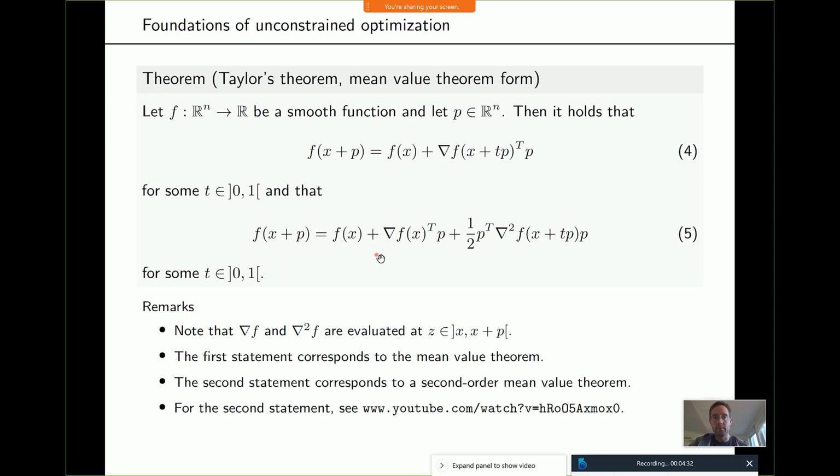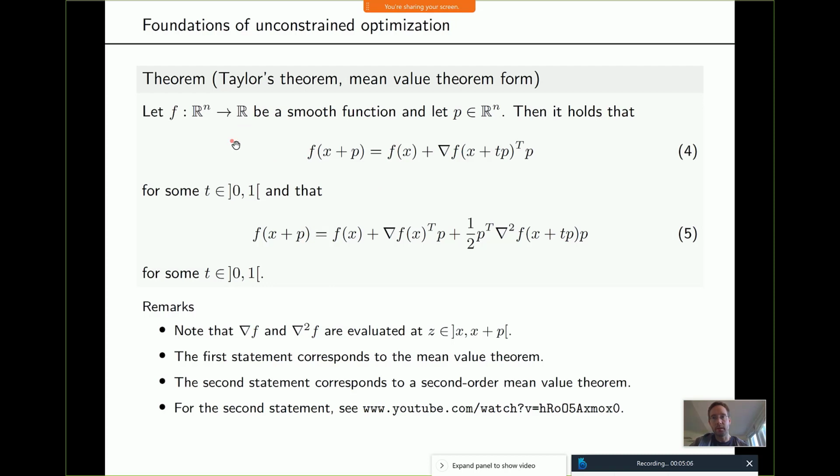And then I introduced Taylor's theorem in its mean value theorem form. The reason being that this, for the conditions for minima, is kind of the basic tool that is used in all of the proofs. And we discussed a little bit about this. So remember what it says. We will need it today again for when we discuss the gradient method. So I'm bringing it up here again.